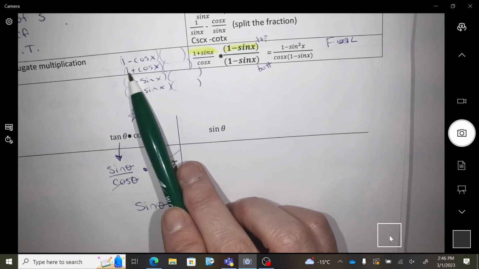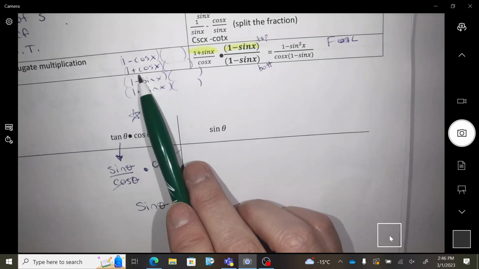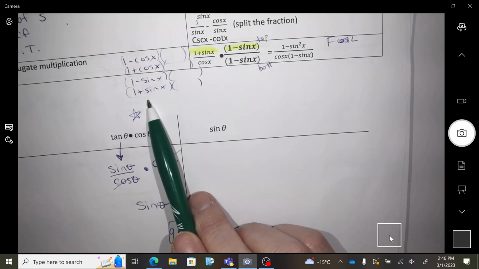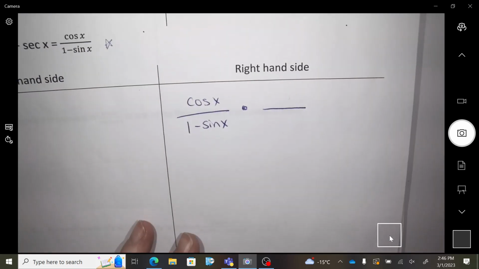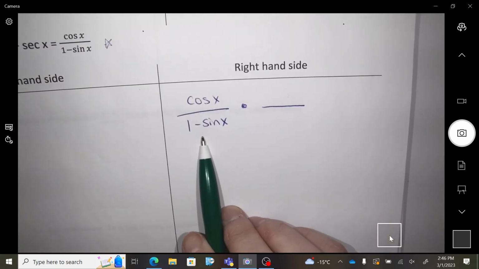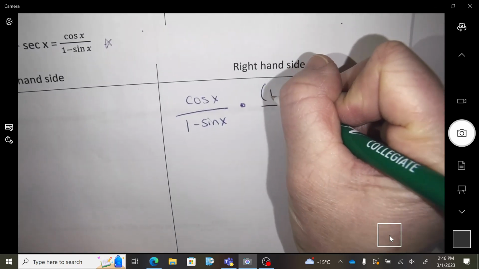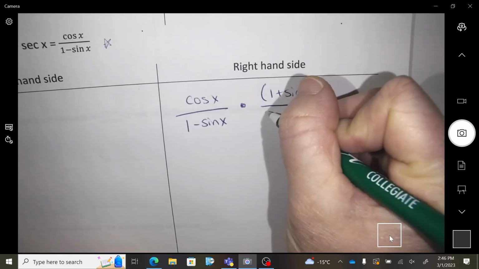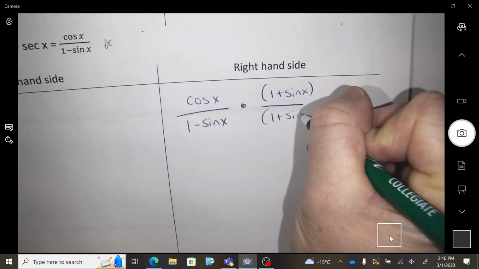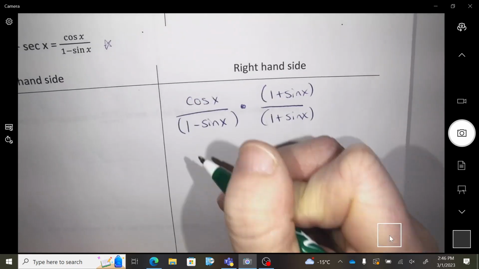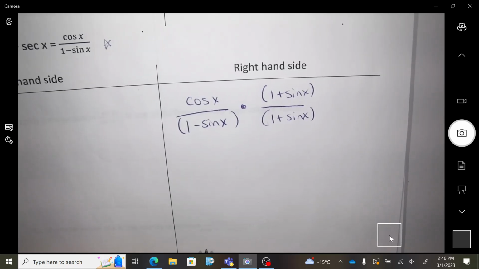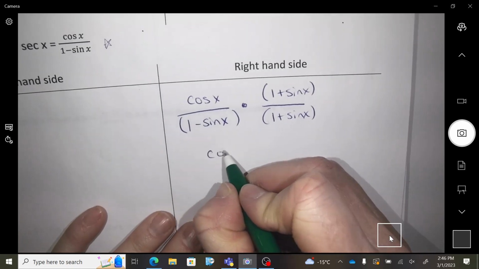Okay? So when you see something like that on a fraction, what is the conjugate that I'm going to put onto this? 1 plus sine x, 1 plus sine x. Okay, leave the top as is.